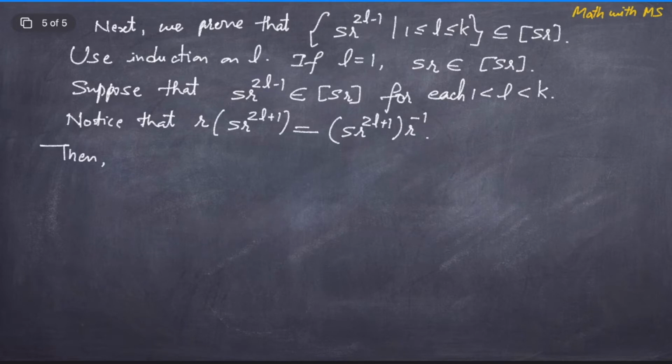Consider this element s r to the power of 2l plus 1. My claim is that this is a conjugate of sr. So, from the preceding identity we can write this as r inverse s r to the power 2l plus 1 times r inverse.